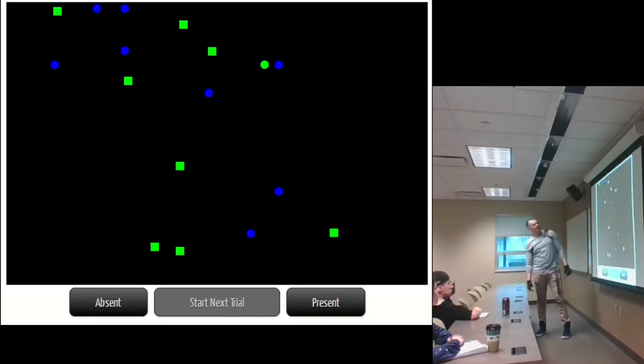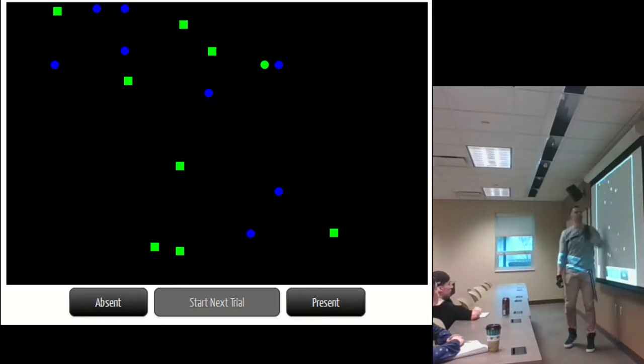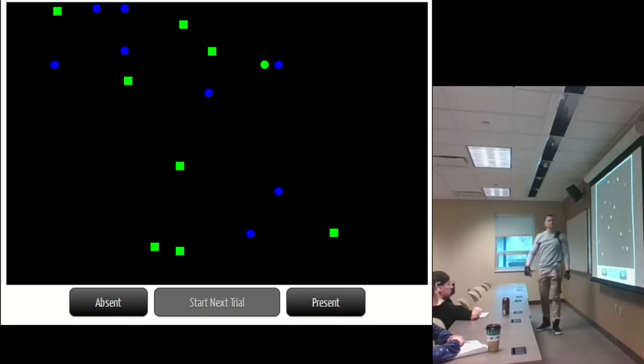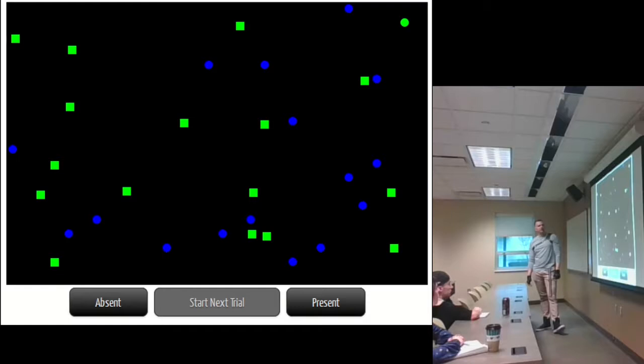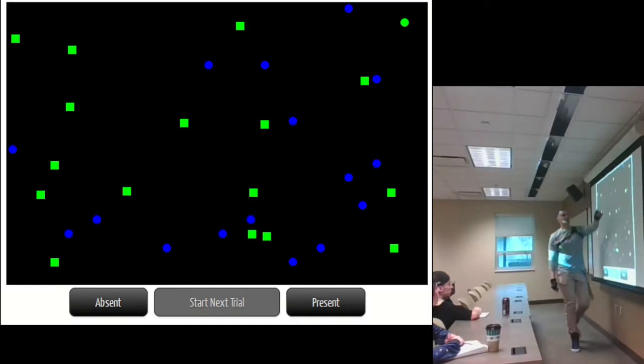This is the 16 distractor condition. In this one, the correct answer is present because your green circle is right there. Here's an example of 16 distractors where the green circle is absent. And this is 32, green circle present, right up there.